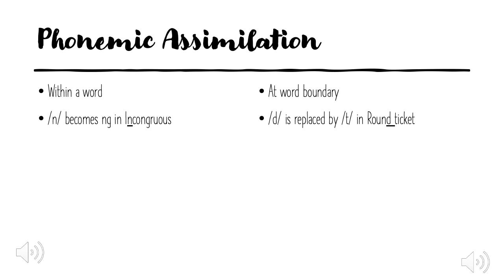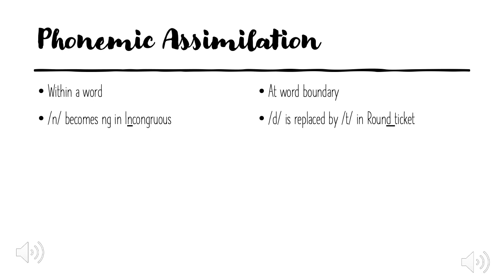Now, it may be at a word boundary that you can observe the phoneme changing, as for example in the phrase round ticket. In speech, you would normally not hear the d sound there at all. The d would be replaced by a sound like t. So, round ticket, this would be like a full change or full assimilation.